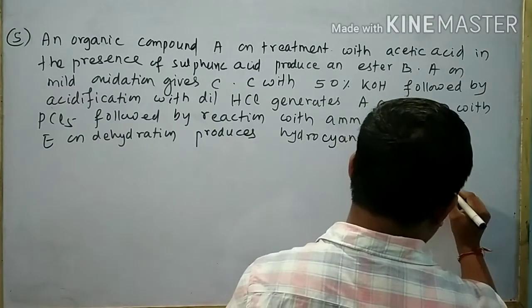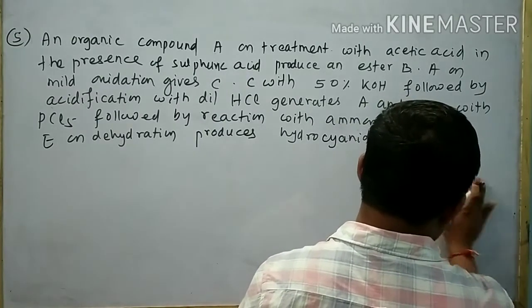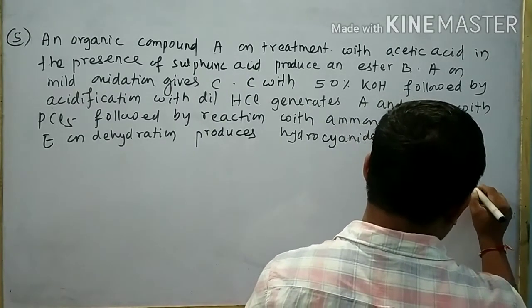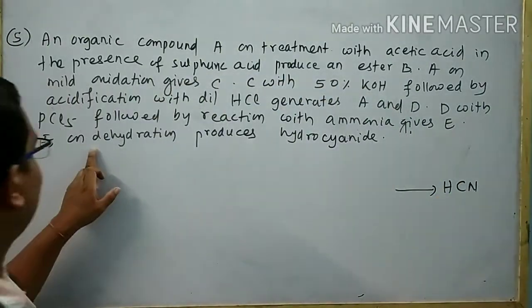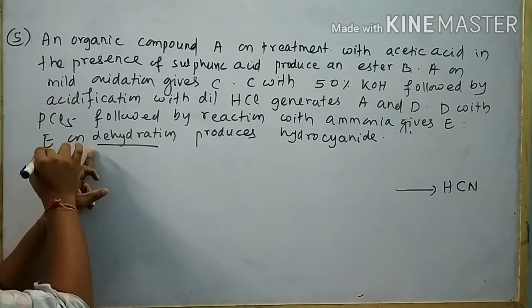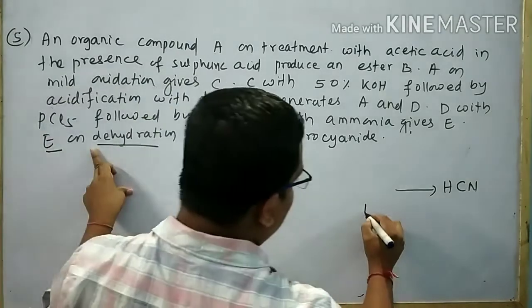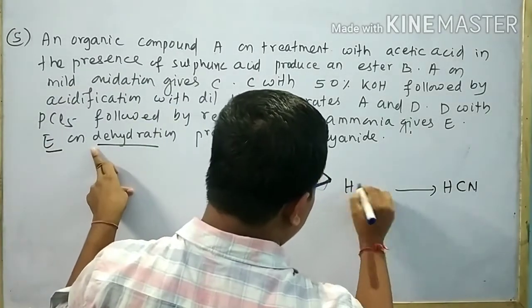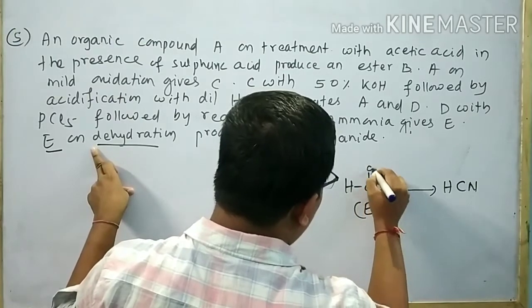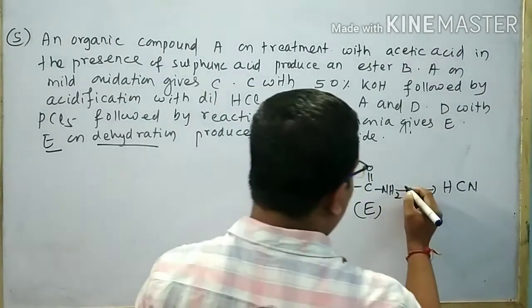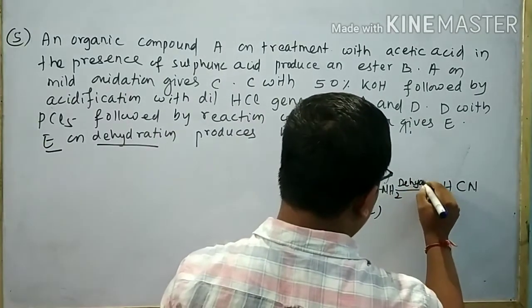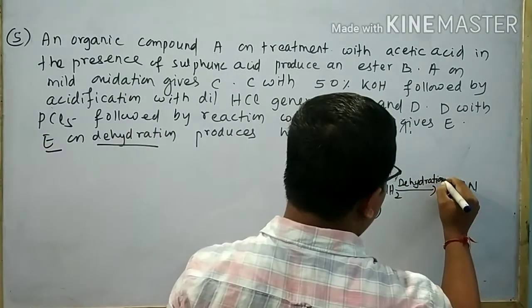This is hydrogen cyanide, HCN, which can be prepared by dehydration of E. So the E product is H-C(=O)-NH2. This is an amide product, which undergoes dehydration to give HCN.